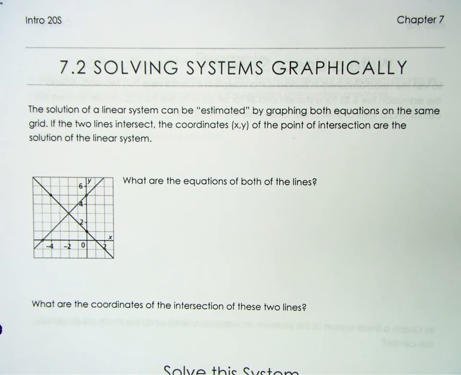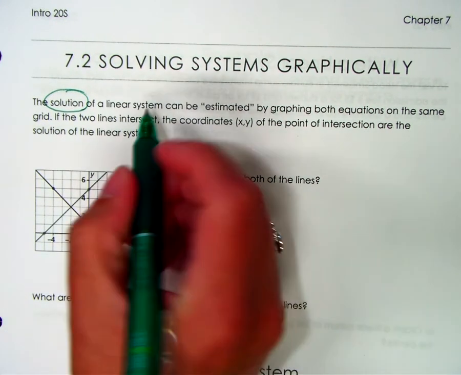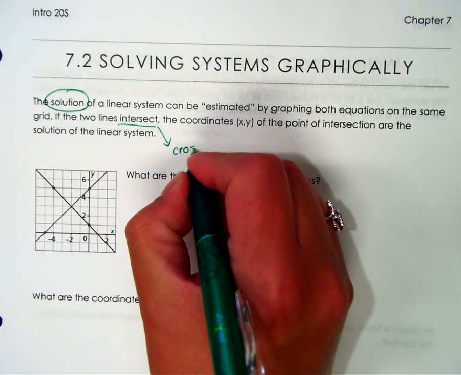Okay. So in 7.1, we created systems. In 7.2, it's going to be nicer because the equations are given to you, and you guys have graphed these for most of this course, so it should be pretty easy. So you just need to know that a solution of a system, the solution is where the two lines intersect. So that's just a fancy name for where they cross.